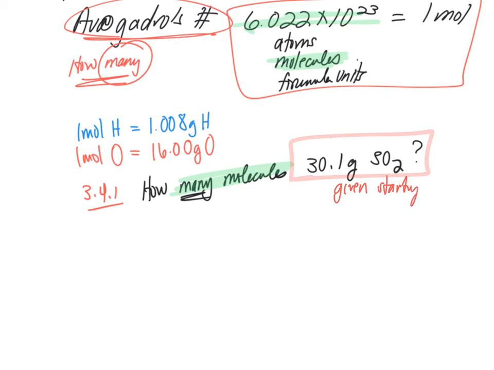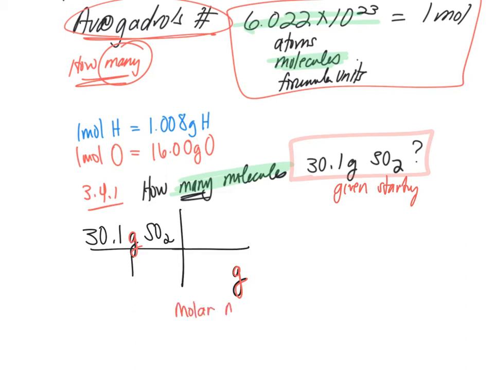So you do 30.1 grams of SO2. You put that over 1, and then that's not what you want, so you're going to put gram on the bottom. And this is where you have to do molar mass. And so you need conversion factors. So let's look at our toolbox. One of the conversion factors you're going to need is Avogadro's number.